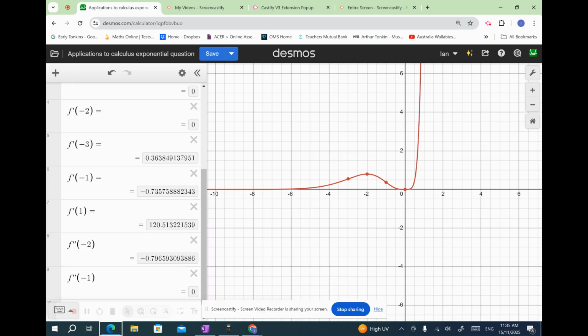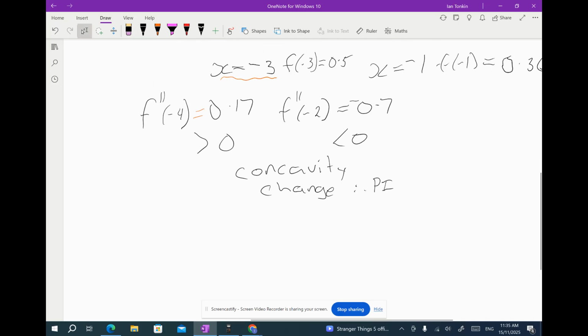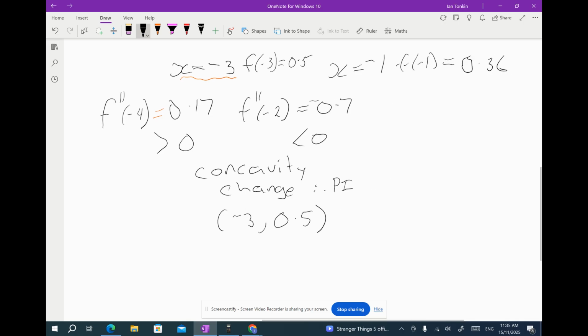And I get -0.7, which is less than 0. Concavity changes. Therefore, point of inflection at -3 and 0.5, or thereabouts.